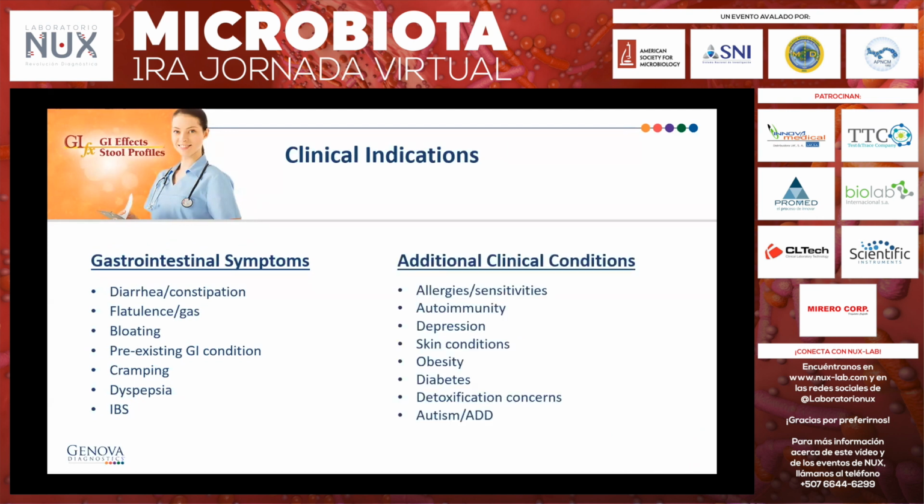But as many of you know, the GI microbiome, the GI tract, it not only deals with the gas, the constipation, the bloating, but it can also influence things like your mood because the majority of your neurotransmitters are produced within the gut. It can influence things like the health of your skin because there is a skin-gut connection.